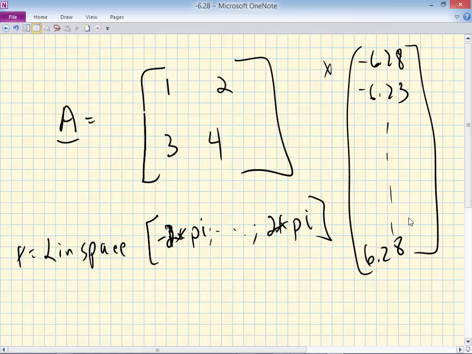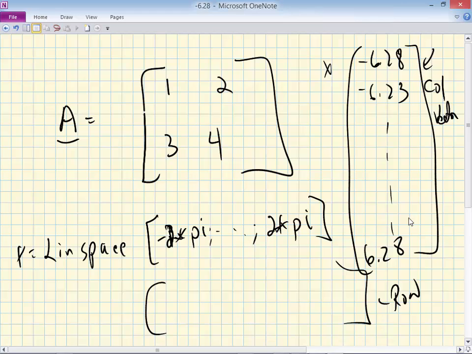Actually, X is, in this particular case, not a column vector, it's a 1 by however many row vector. We'll use the term vector to refer to a 1 by N or N by 1 vector. So this is referred to as a column vector, and this is referred to as a row vector.